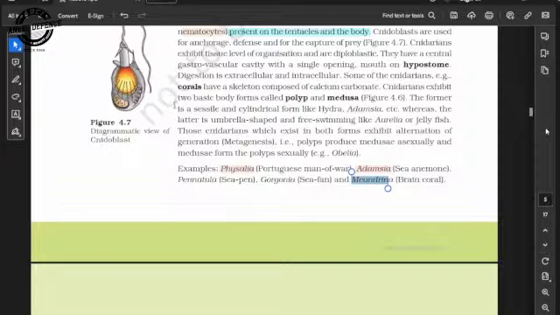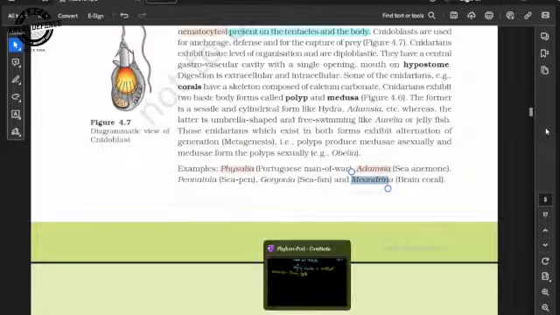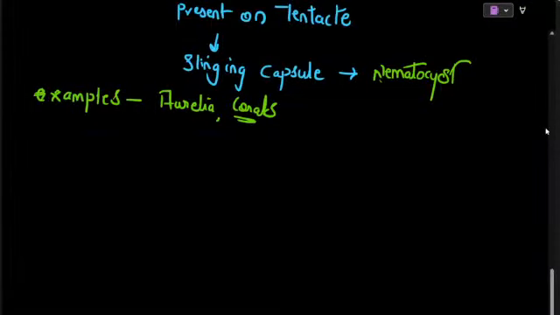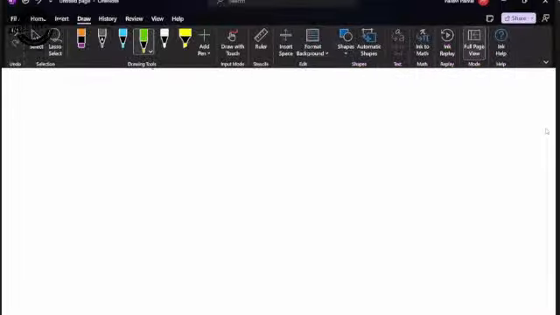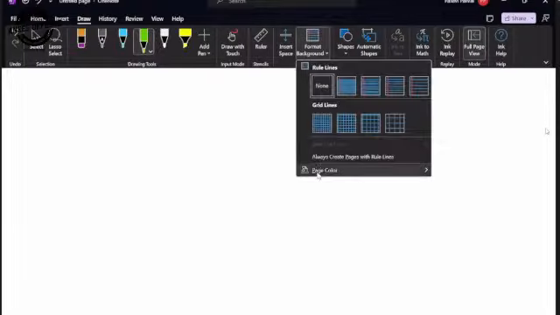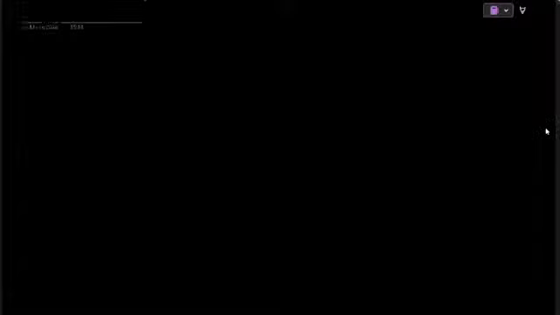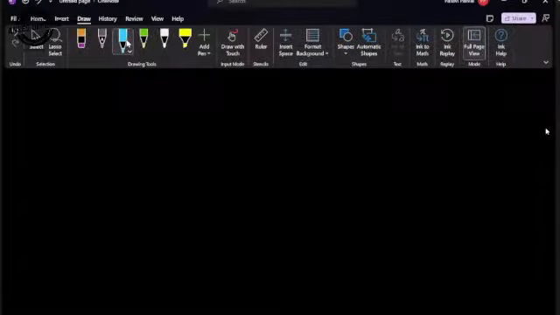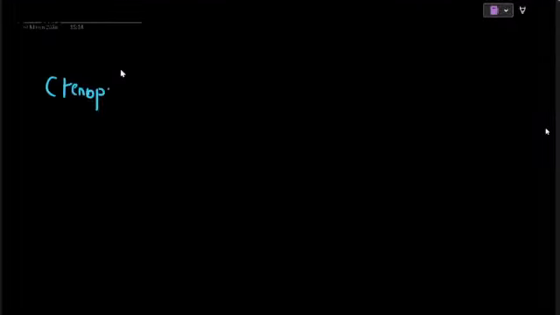Okay, let's start with the next phylum, Ctenophora. Also known as comb jellies.